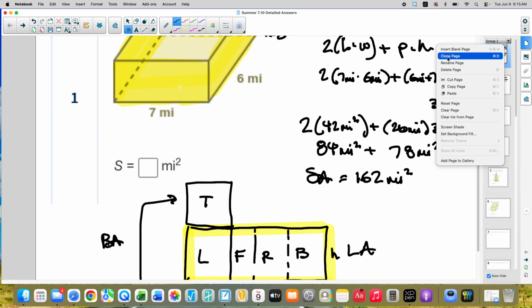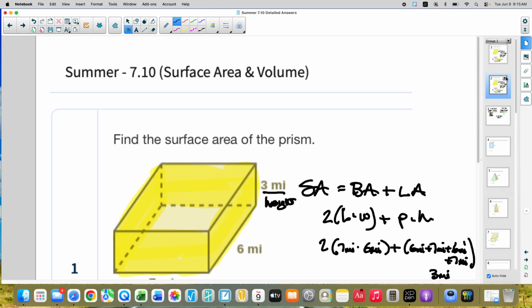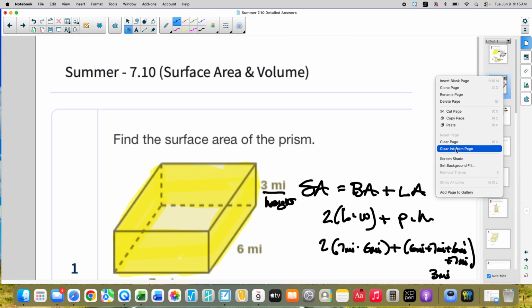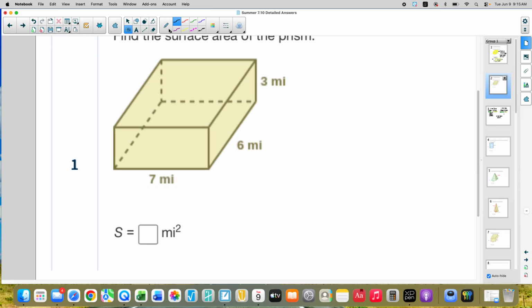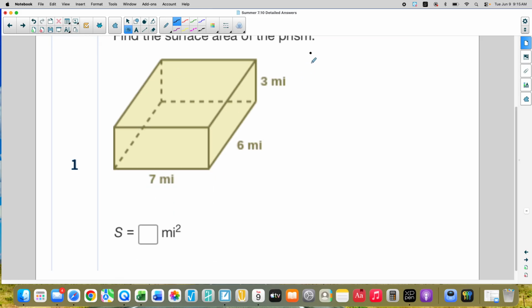Let's clone the page and clear the ink. The other technique is to talk about the faces. You have the front, which is here, and the back, which are identical.